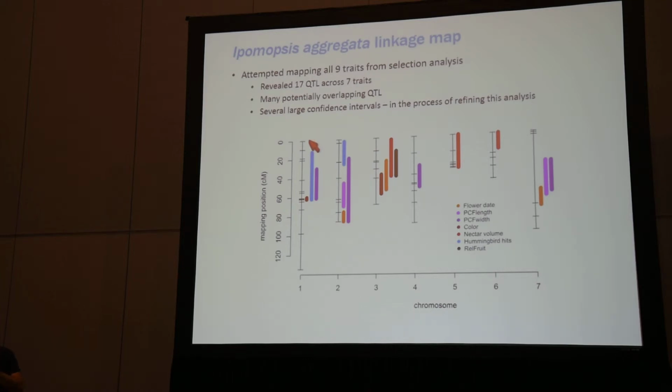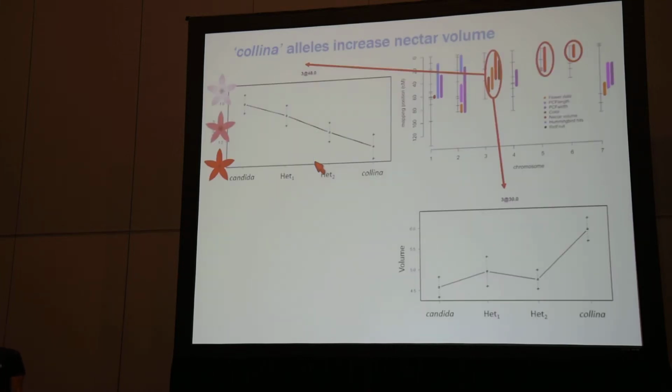Now, I want to go over a couple of these QTL in a little bit more detail. So the first thing I'm pointing out here is that Collina alleles, these are alleles that were descended from red grandparents, not surprisingly make red flowers, but they also lead to greater nectar volume. So these are just raw effect plots taken from our QTL analysis.